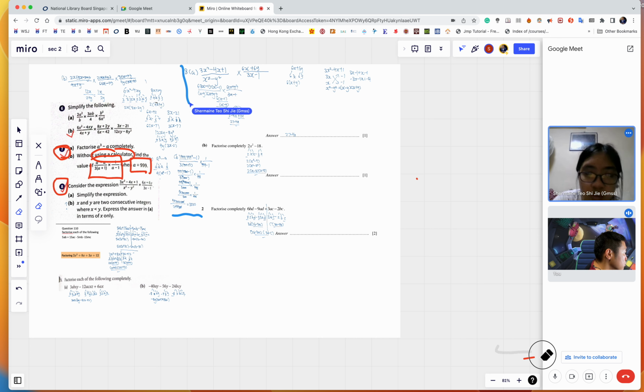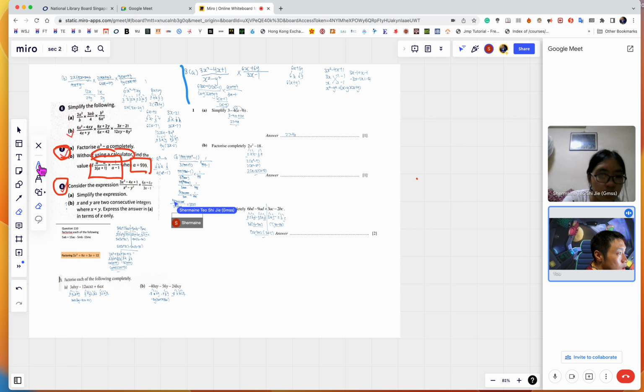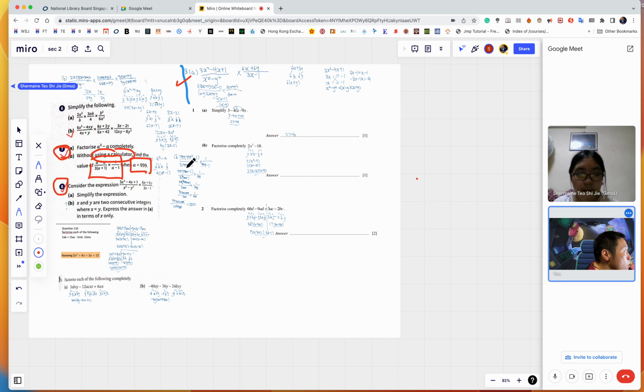So next time you need to make it user friendly also. Otherwise, one is here, then the other one is there. Then it's very hard for people to navigate. Okay, so you're here, right? So you need to do it one by one. So basically, you do this, factorize, right? Your factorization, all of this I consider draft.